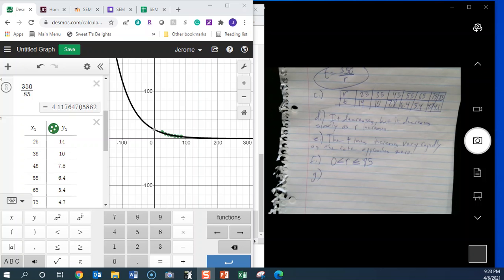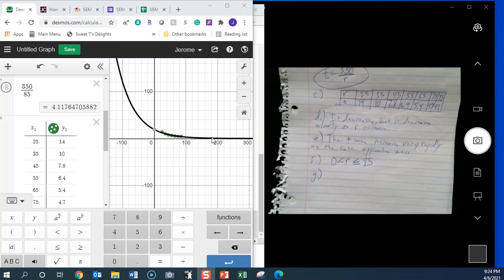Since we're doing distance equals rate times time, we are not dealing with negative numbers. So this graph is not going to cross 0, even though you see this graph crossing 0 here. I would have had to put a restriction on it, but this graph is not supposed to hit 0 on the x-axis.